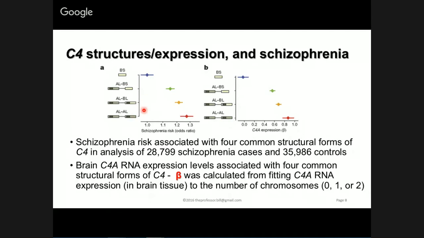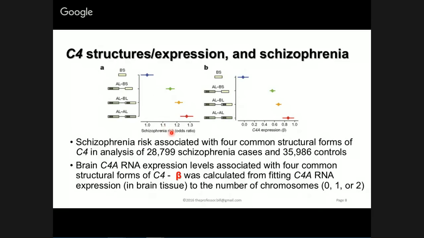So if we take a look, one of the things that pops out almost immediately, the overall risk or odds ratio that is associated with having the C4A long form actually is significantly increased with schizophrenia, especially if you have two copies of this. If you have one from your mother, one from your father, and you have the C4A long version, then the overall risk associated with this, or the odds ratio, is about 1.3 times higher, almost 1.3 times higher than you would have it with just the short form.